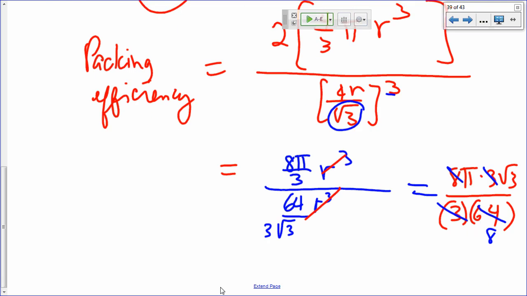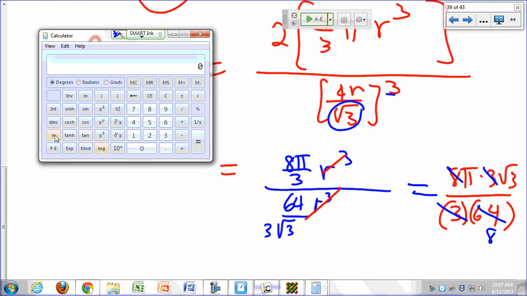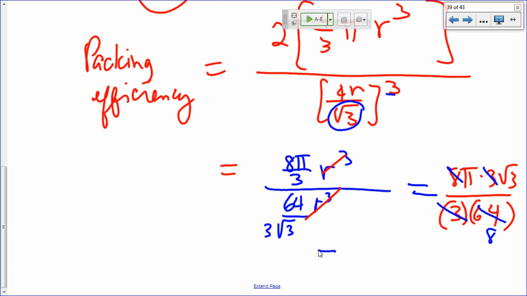So that's square root of 3 times pi over 8. So pi times square root of 3, what's the square root of 3, raised to the power 2, divided by 8. 68%, 0.68.